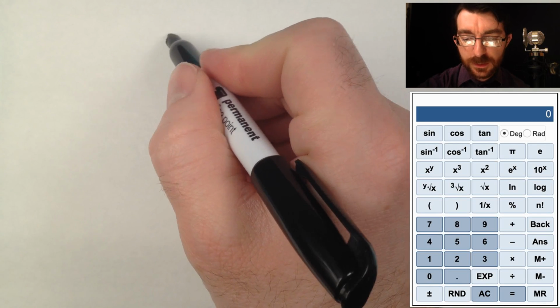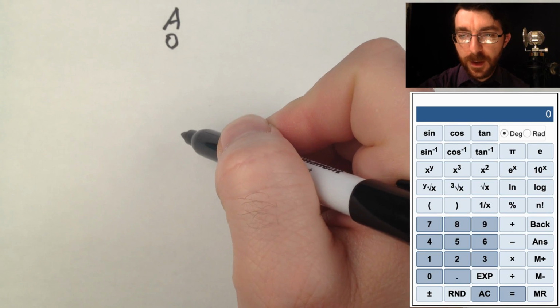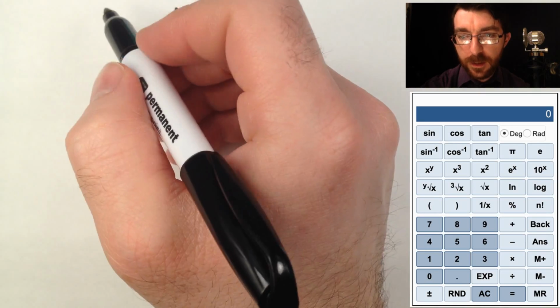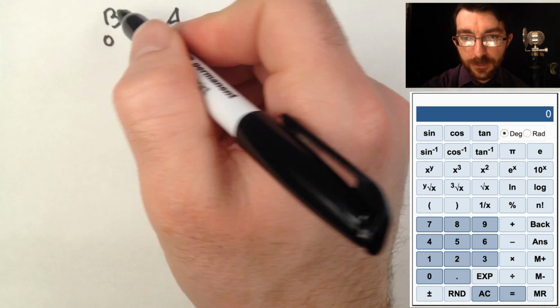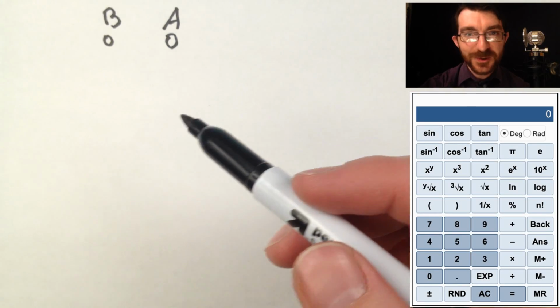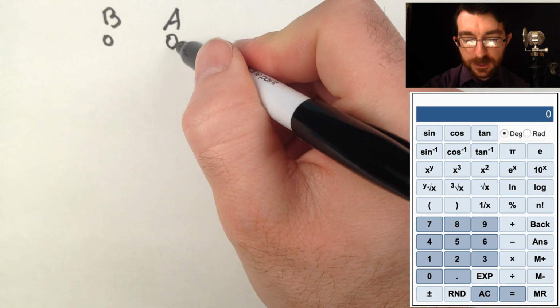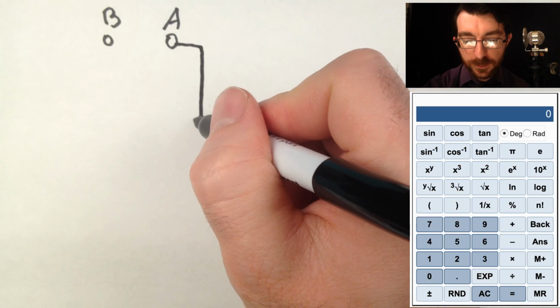So I'm going to start here at A, and I'm going to follow a path to B. But obviously not the short way. I have to go around the circuit. So let's go ahead and start here, and I'm going to have a little fork in the road.